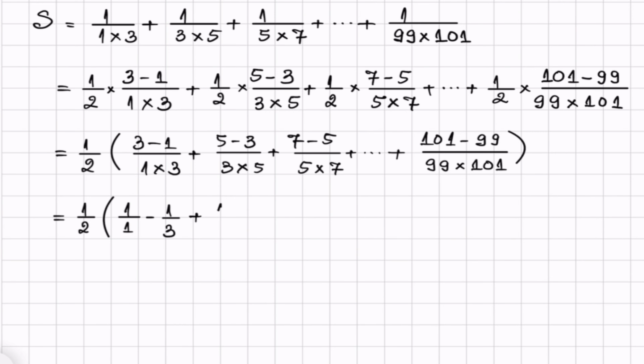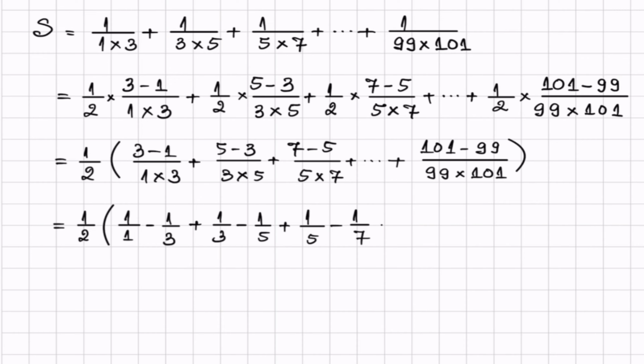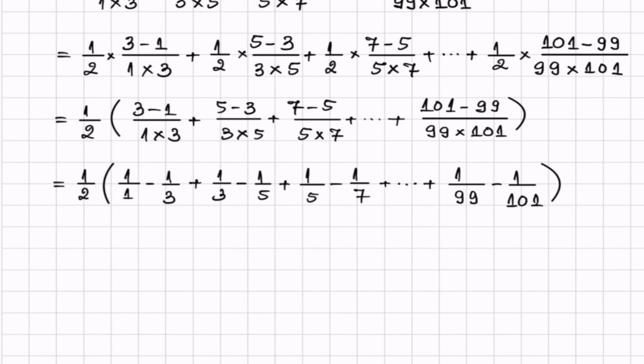Then we will get 1/3 minus 1/5, and we keep doing this the same way, then we get 1/5 minus 1/7, and then plus, and keep going, plus dot dot, until we get 1/99 minus 1/101.